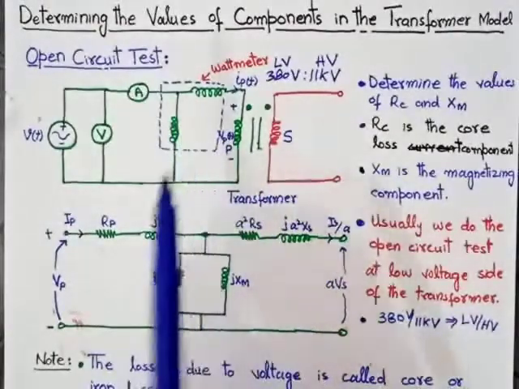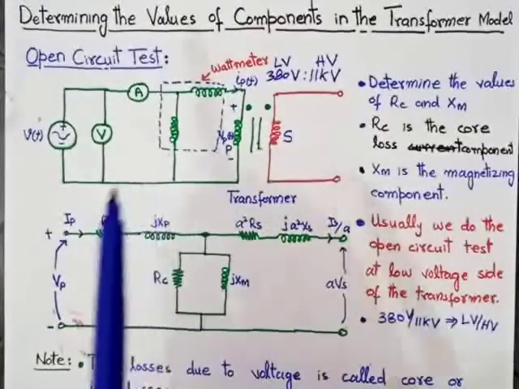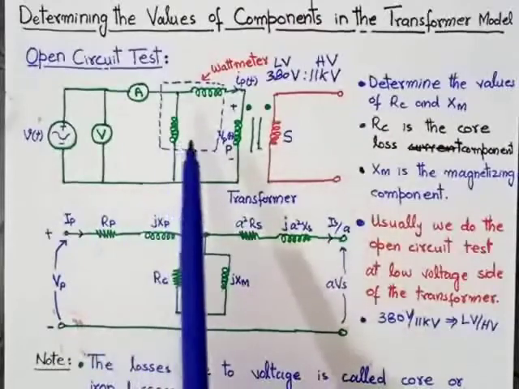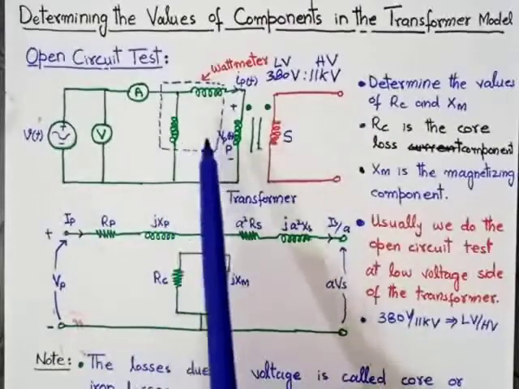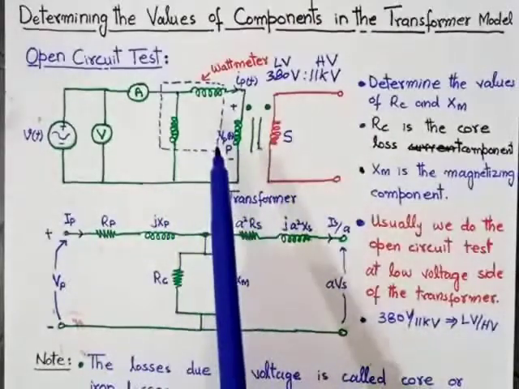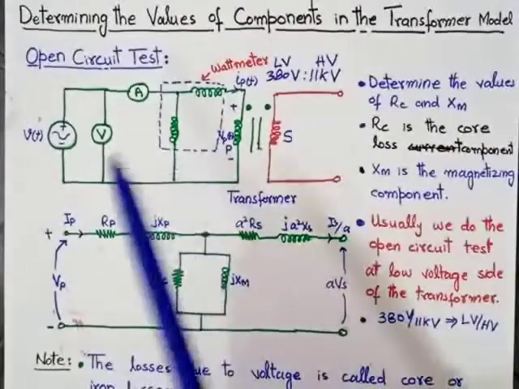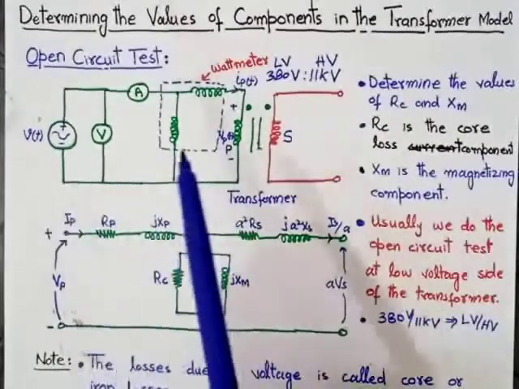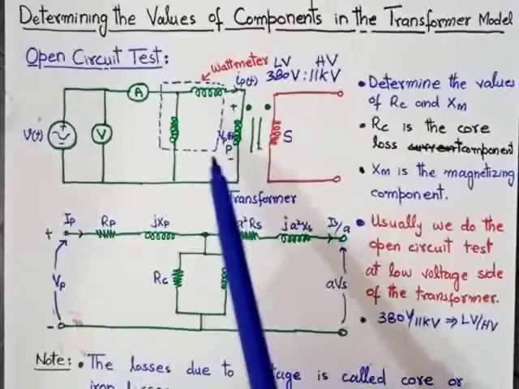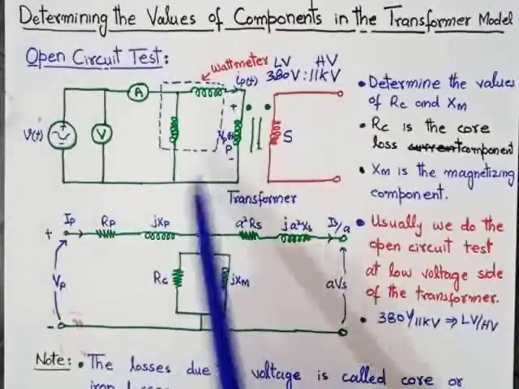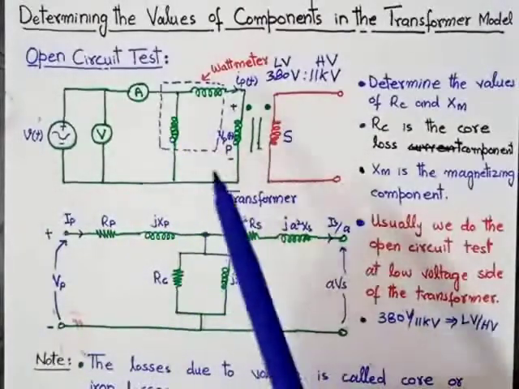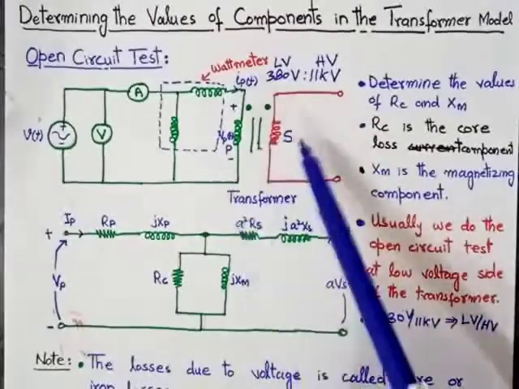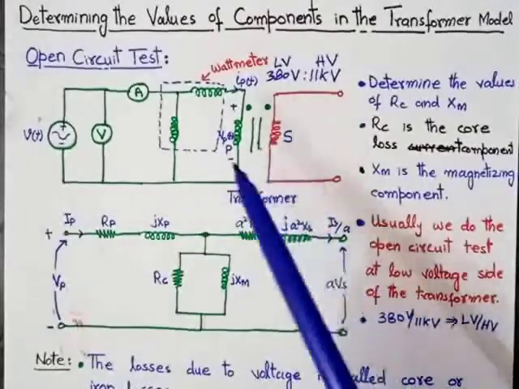that the measurement of current is more accurate due to the higher value on the low voltage side. As we have already discussed, the relationship between primary voltage and primary current is inversely proportional, and the secondary voltage and secondary current are inversely proportional as well.